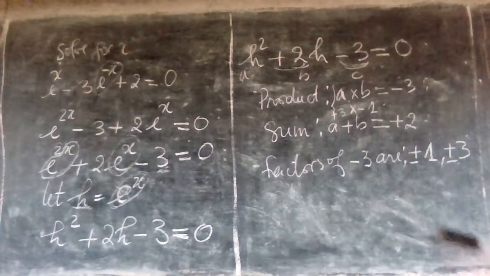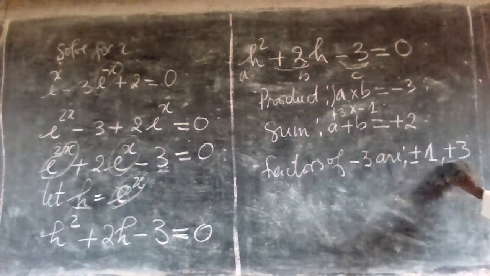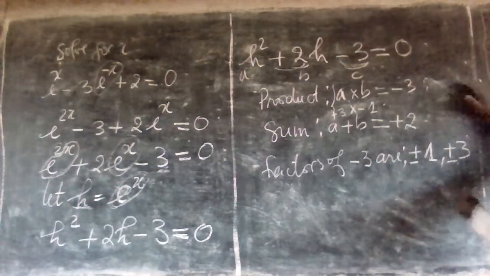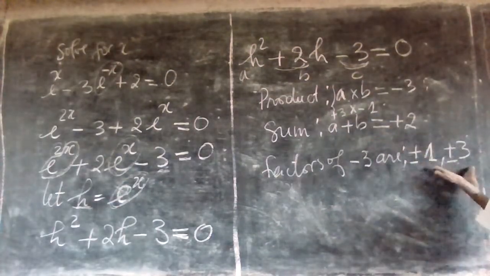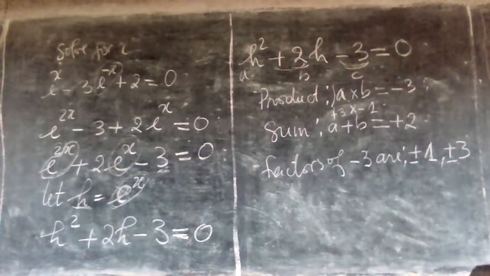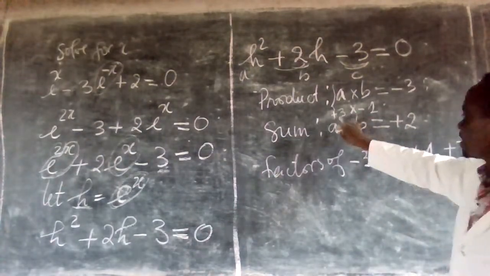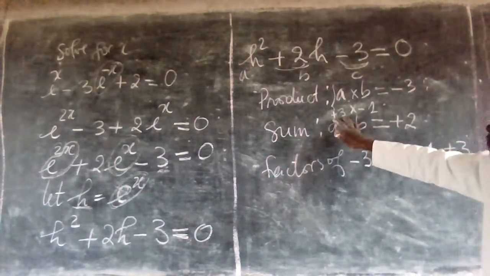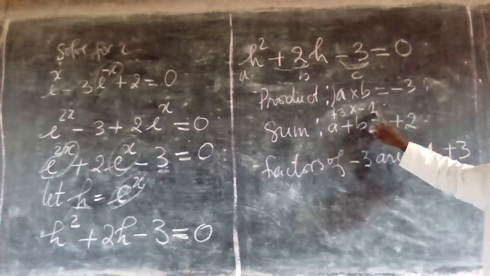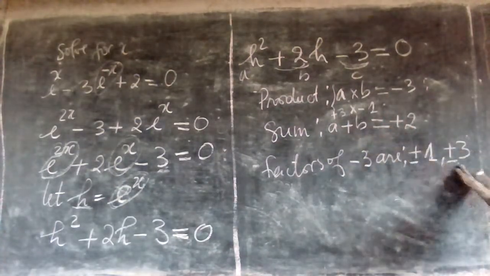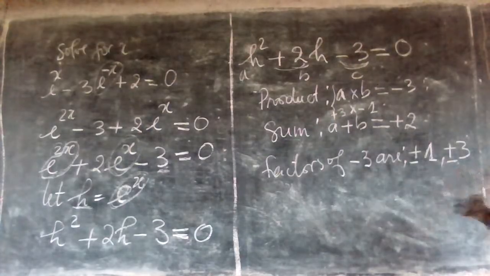So we are going to take those two numbers from these factors. Now, we have said that I took plus 3 times minus 1. You see, they come from those two factors.